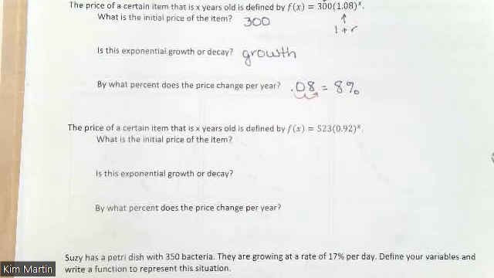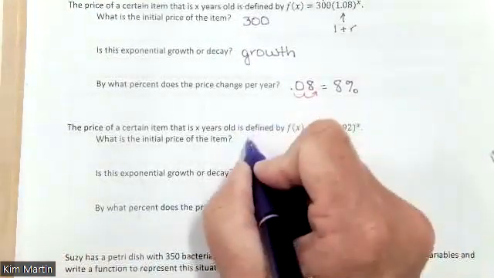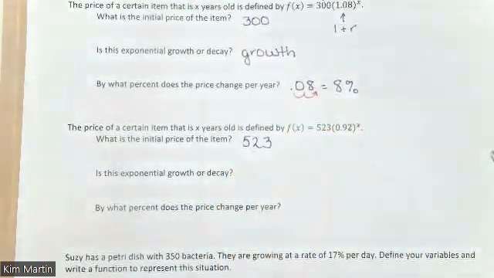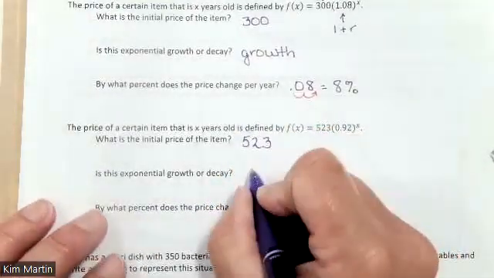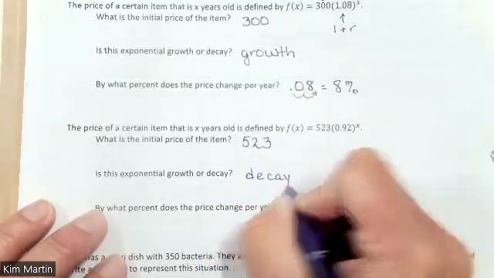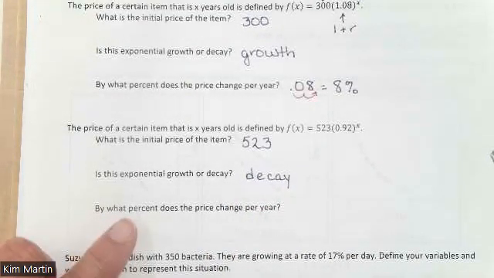Okay, what was the initial price of the item? Yep, it's 523. Very good. Growth or decay? Decay, good. What is the change?